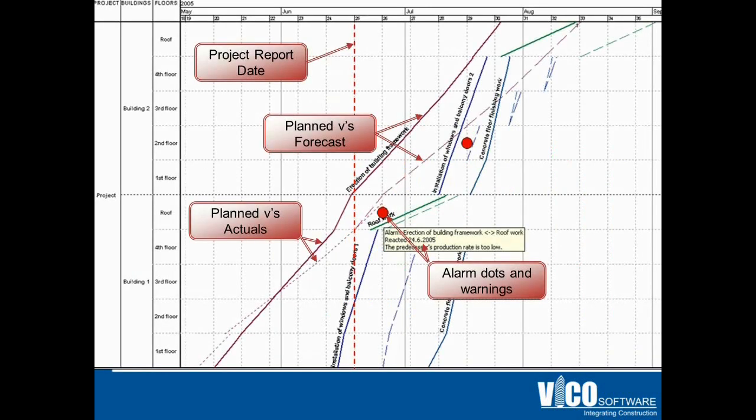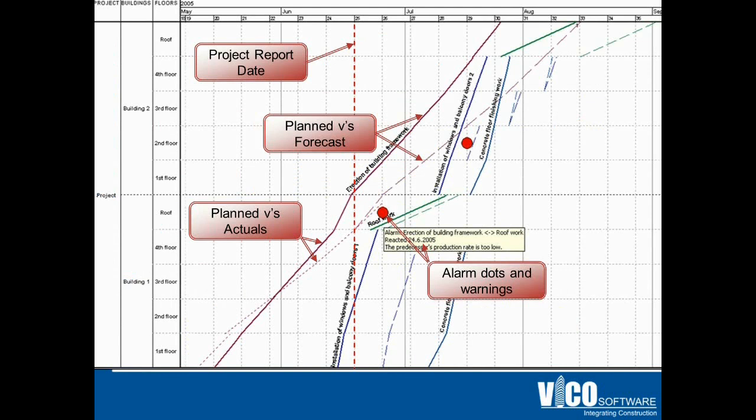This is an example of an actual project where we have implemented production control and been tracking the actuals and using it for forecasting. The red dots identify alarms where the production of the predecessor activity is insufficient and is causing an impact to the start date, in this case, of the successor activity.